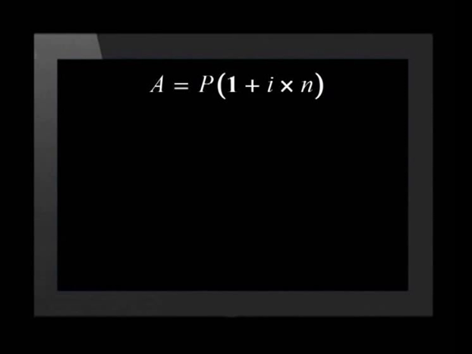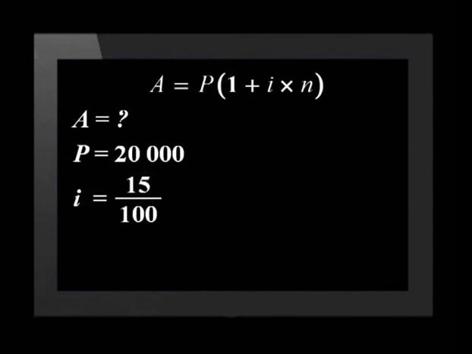We are calculating the value of A, and as a result have no value to substitute in for the variable. The original or present value of the investment is 20,000 Rand. The interest rate is 15%, but needs to be written as a decimal. Divide 15 by 100, and the value of I is 0,15.